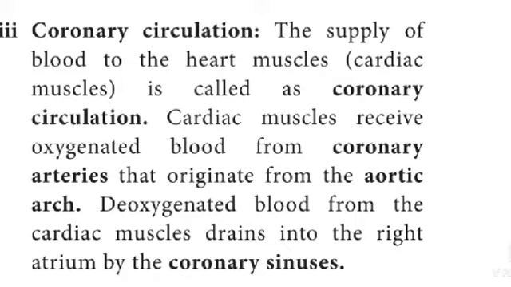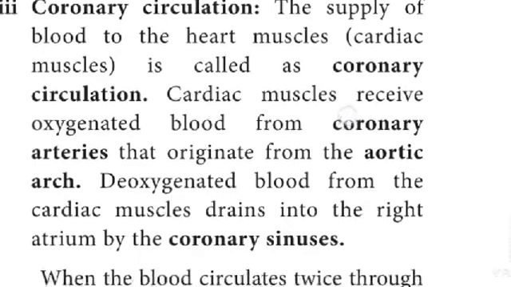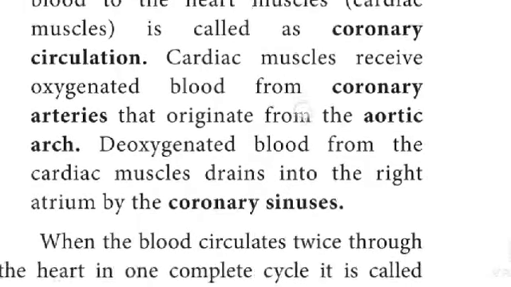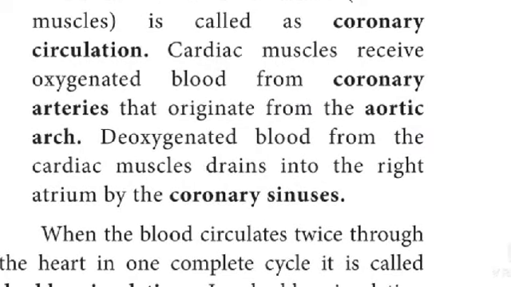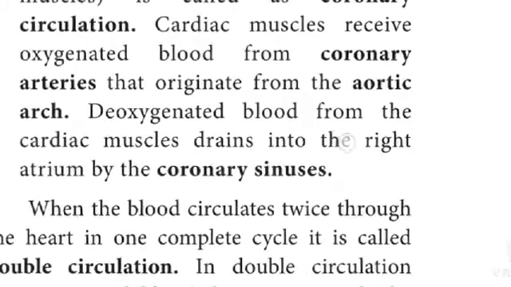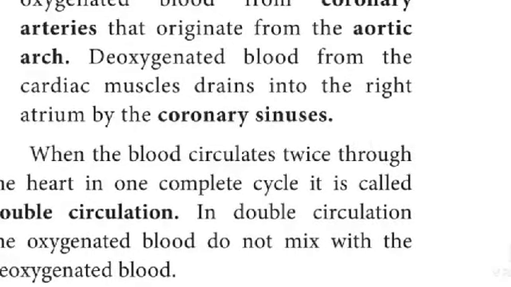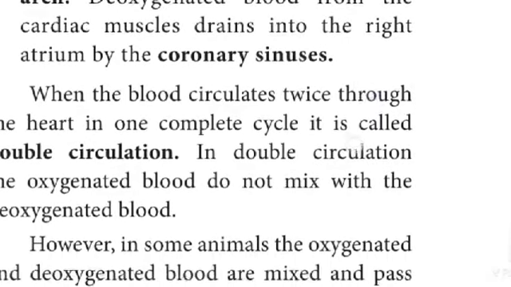The supply of blood to the heart muscles, cardiac muscles, is called coronary circulation. Cardiac muscles receive oxygenated blood from coronary arteries that originate from the aortic arch. Deoxygenated blood from the cardiac muscles drains into the right atrium by the coronary sinus.